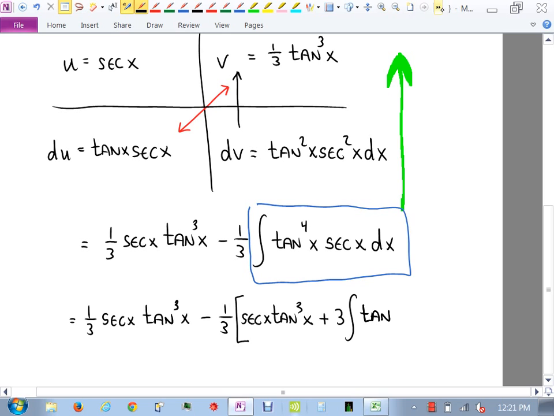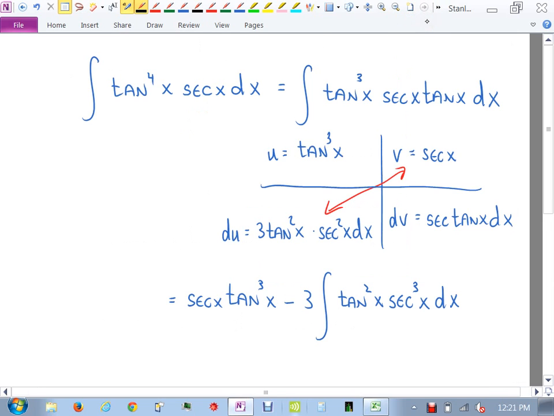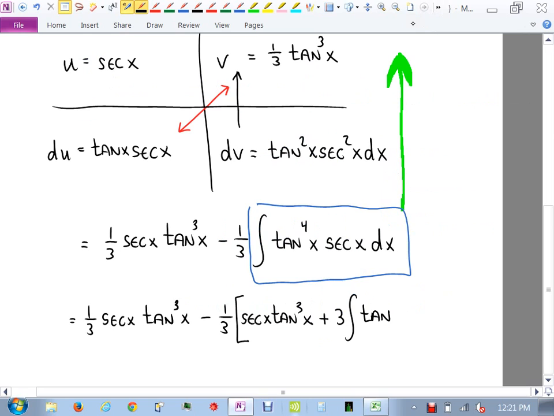What was it? You'll have it written down. Tangent squared secant cubed?